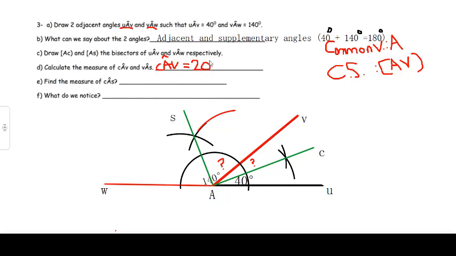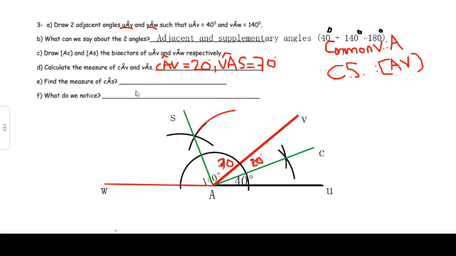What about the second angle, which is VAS? VAS is equal to half of the angle, which is VAW. So if you divide 140 by 2, it will give you 70 degrees. Okay, so this one is 20 and this one is 70 degrees.